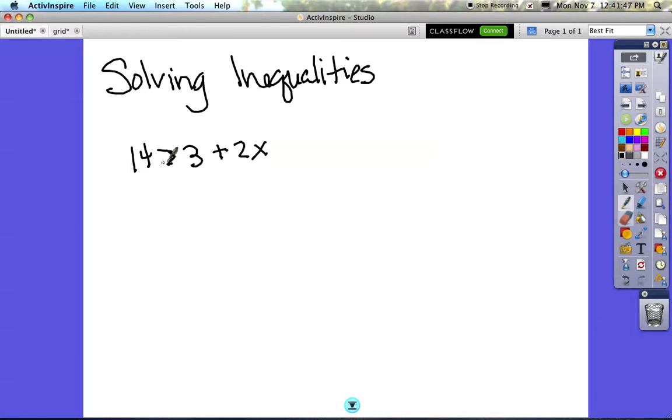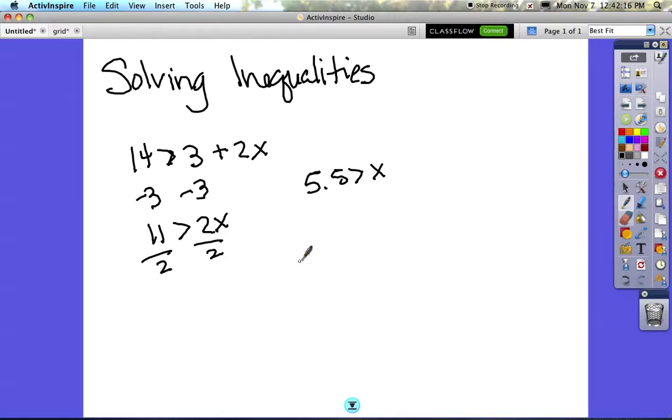So if this was an equals, what would I do first? Subtract 3. Subtract the 3. So now I have 11 is greater than 2x. We can't leave it like that. What am I going to do? Divide by 2. So 5.5 is greater than x. Now, this is why I want you to forget the alligator.